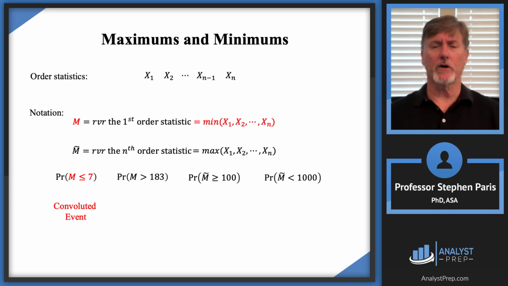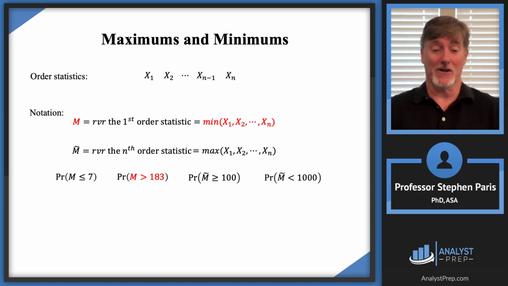On the other hand, if you look at the next probability, the event that I have highlighted here, that capital M is greater than 183, what about the event that the minimum of these n variables is greater than 183? How could that happen? Well, if the minimum is going to be greater than 183, the first value has to be greater than 183.